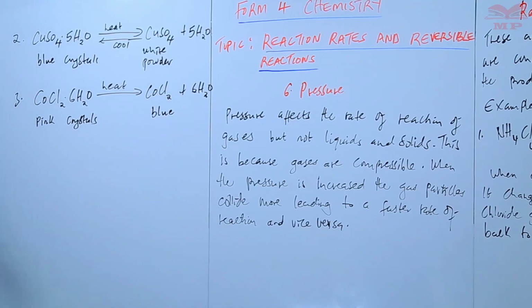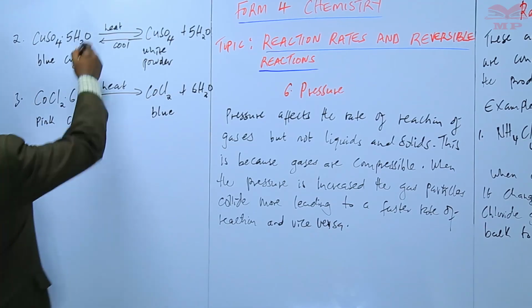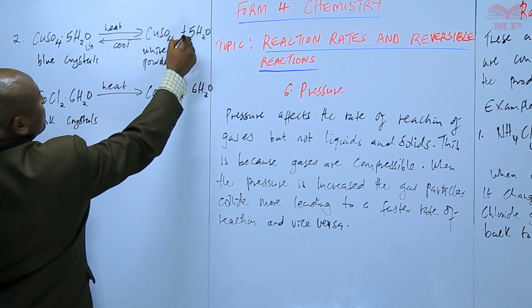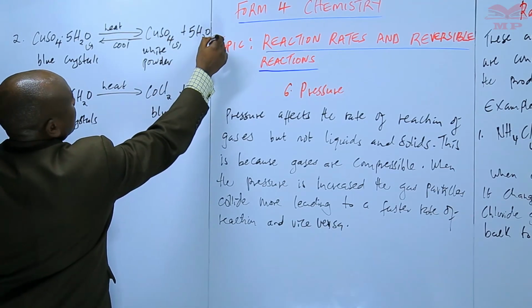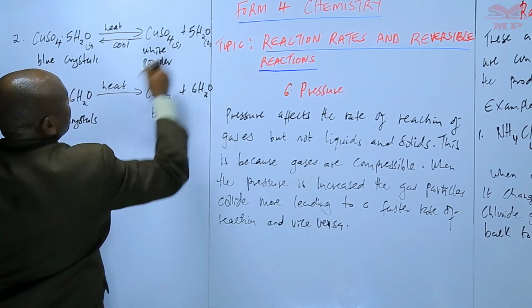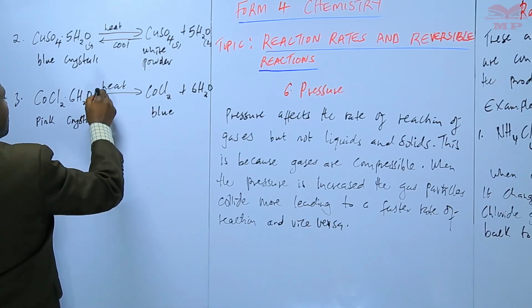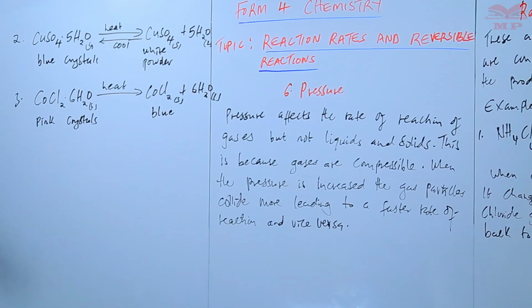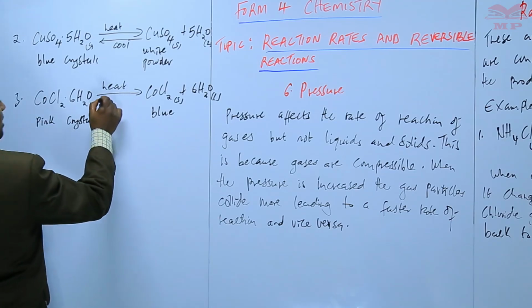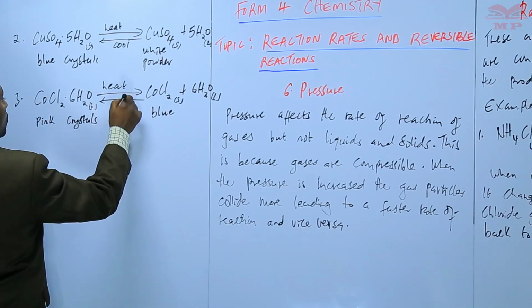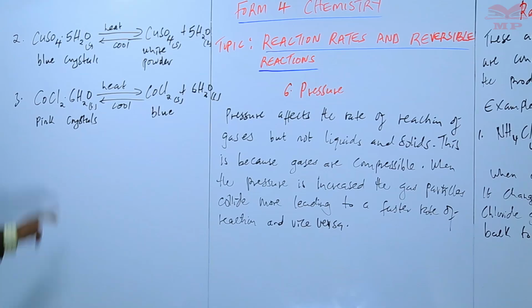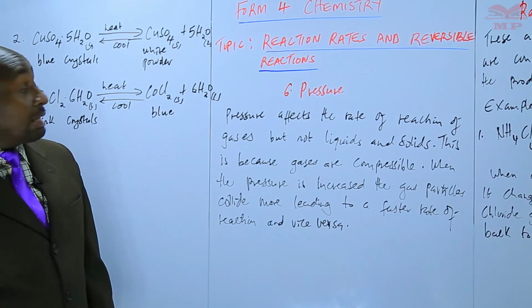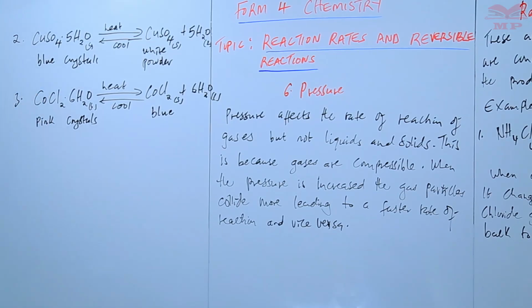If you put the states, that's a solid, and a liquid at room temperature. If you reverse that on cooling, we go back to the pink crystals of hydrated cobalt chloride.